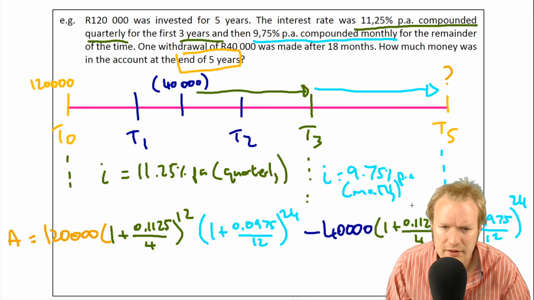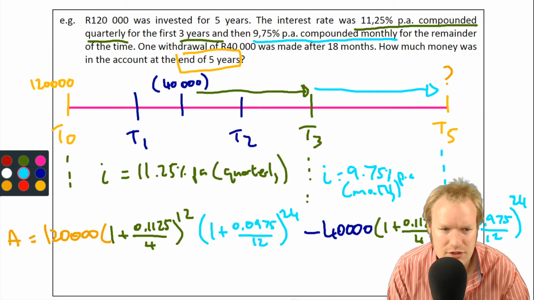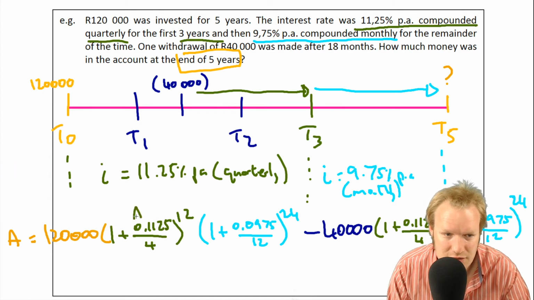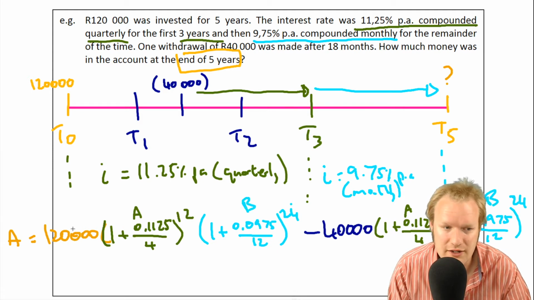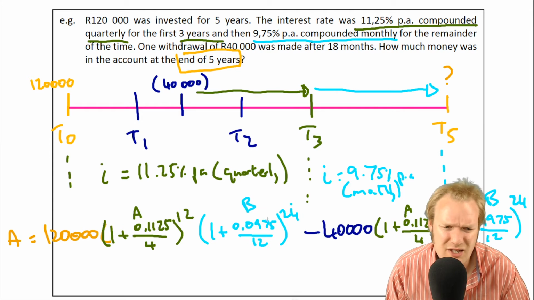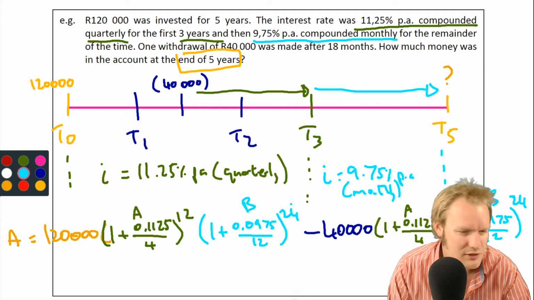Now remember, it might be useful to put some of these things in your calculator, the bits that are the same. So this bit in brackets, you put in your calculator as A, and this whole thing to the power 24, store in your calculator as B. Into the calculator it goes.